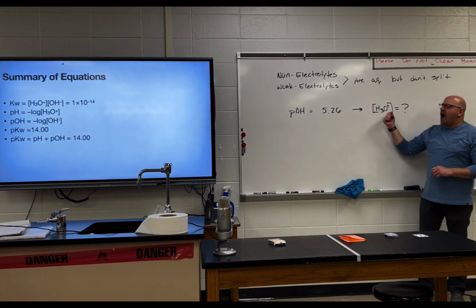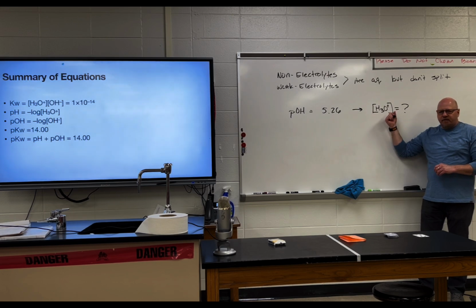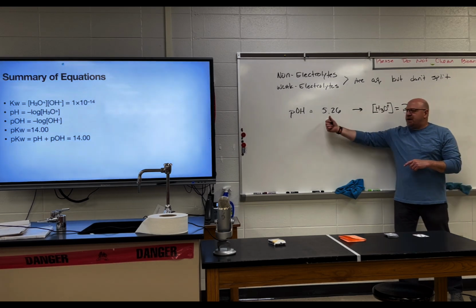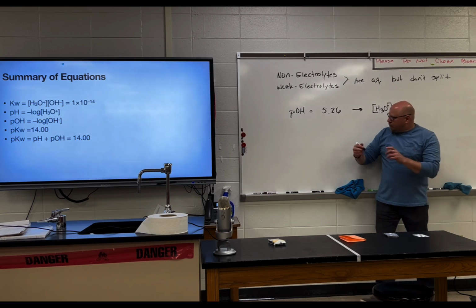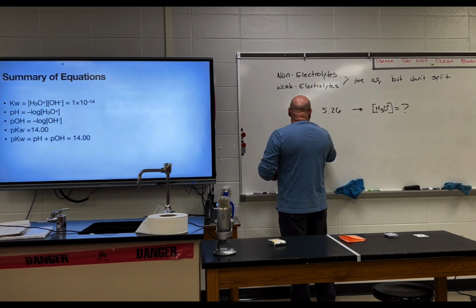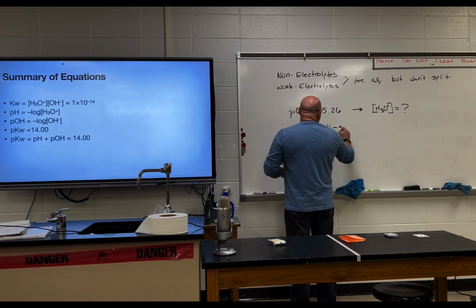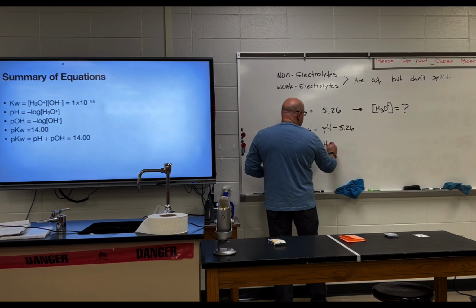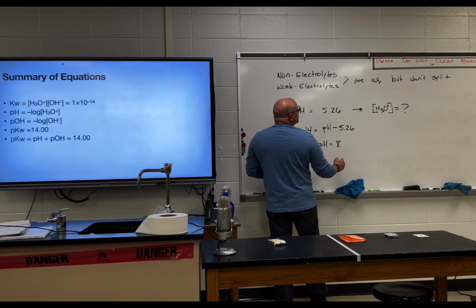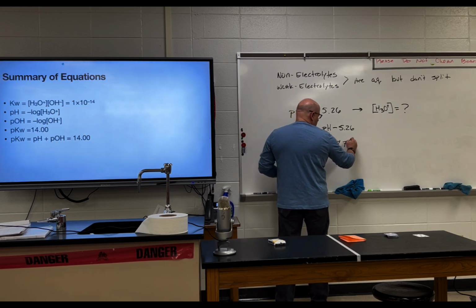We're looking for hydronium. Hydronium is measured by what? pH or pOH? pH. But I've got the pOH. We can do the 14 minus, so 14 minus 5.26, and get a pH equal to 8.74.